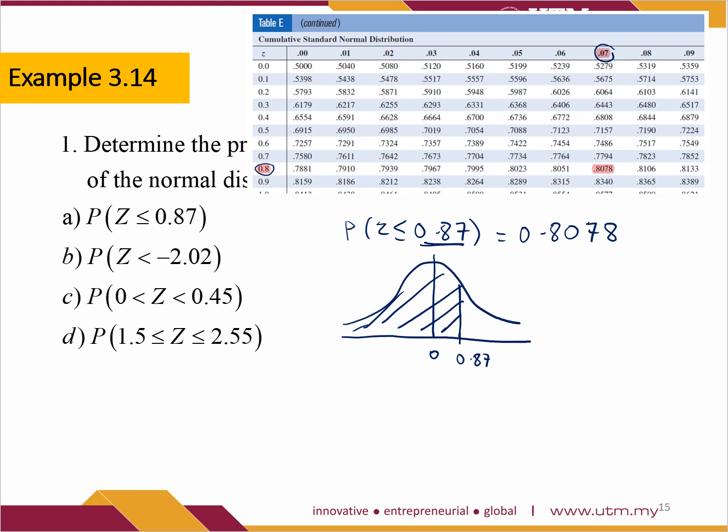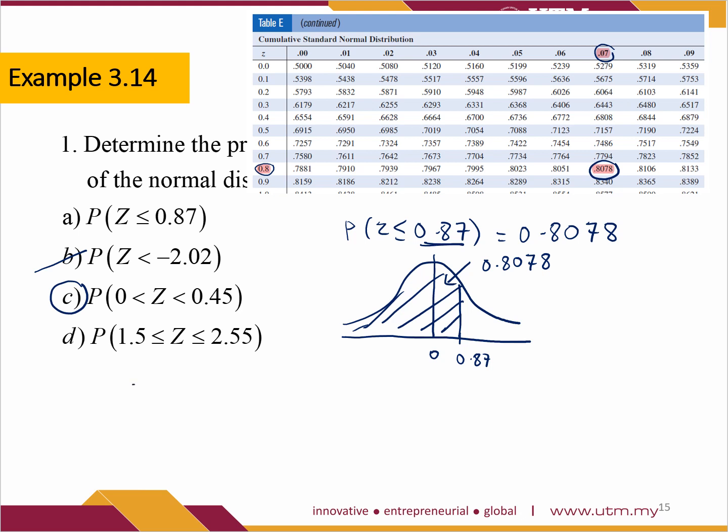So you can just straight away take the value of this area from the table, where this area is equal to 0.8078. Now, let's try question C, because question B you can try, where you can just obtain the value from the first page of the table.